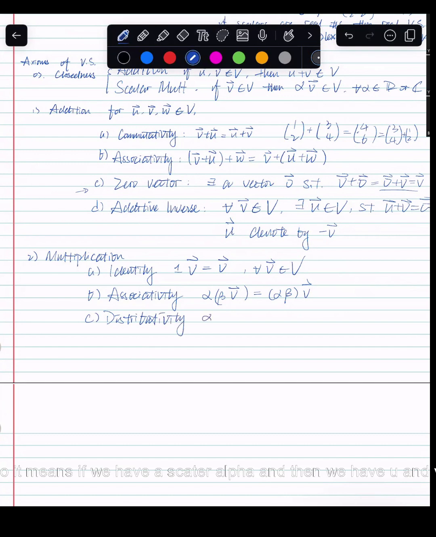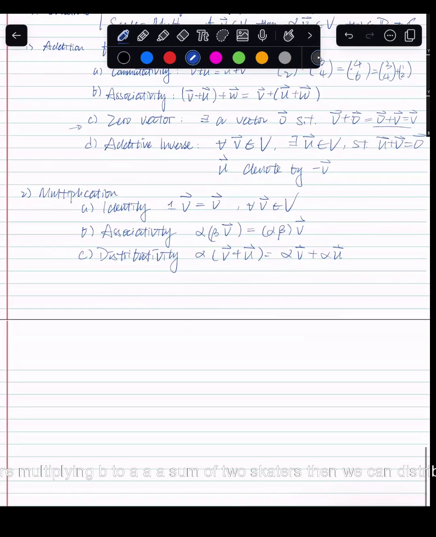It means if we have a scalar alpha and then we have u and v, then we can distribute this alpha to v and then add alpha times u. Similarly, if we are multiplying v by a sum of two scalars, then we can distribute this v as well.